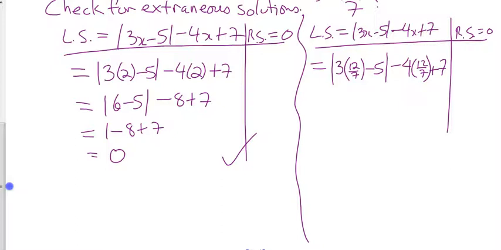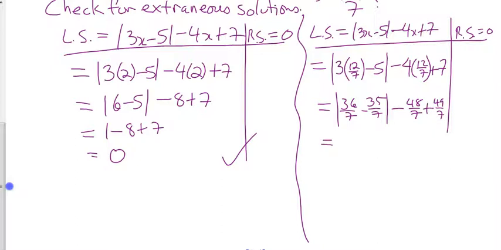How are we going to do this? No calculator. We're going to convert everything to have a denominator of 7, because it's sevenths all around. So this is going to be 36 over 7 minus 35 over 7 minus 48 over 7 plus 49 over 7.